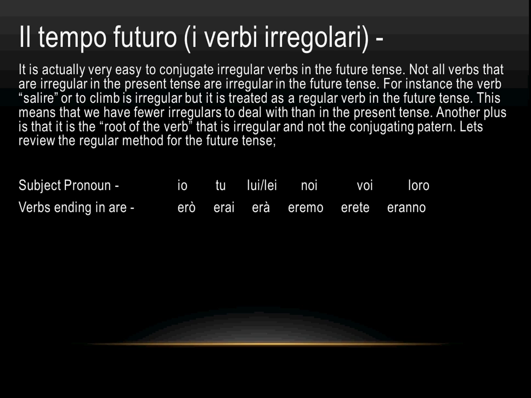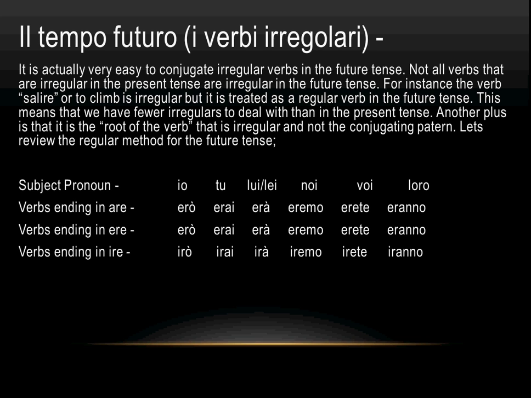So it would be erò, erai, erà, eremo, erete, and eranno. For the verbs ending in ere, you drop the ere, then you add er, and then the last letter, for instance on ero is o. That's the future conjugated ending, and you go on down the line for that. Now, in essence, for the ere verbs, it's almost as if you're only dropping the e, and you add o, ai, a, emo, ete, anno, if you take a look at that.